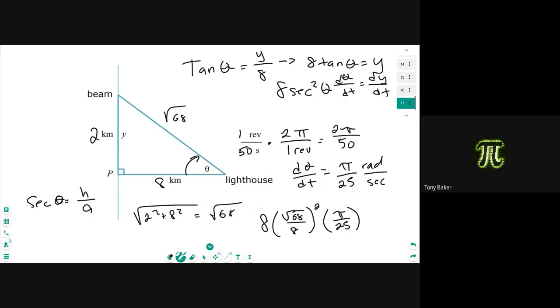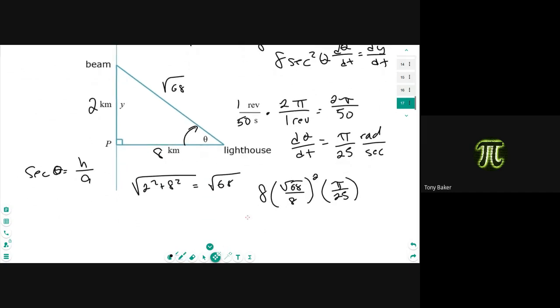This comes out to be 1.068, which is 1.07.